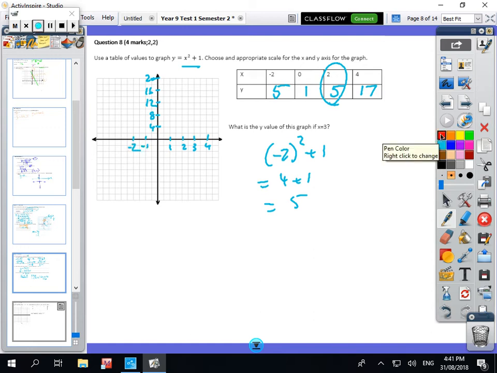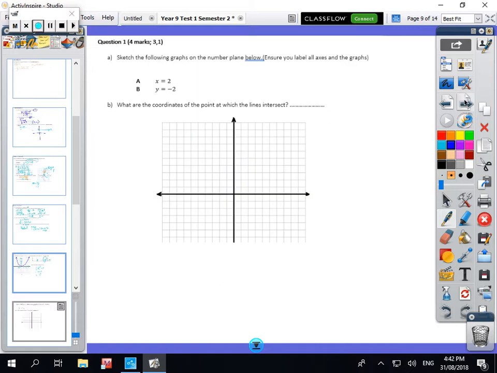So (minus 2, 5) is somewhere there, (0, 1) is about there, (2, 5) is about there, and (4, 17) is about there. And so, go draw a line, it curves and goes back up, and that's your answer.